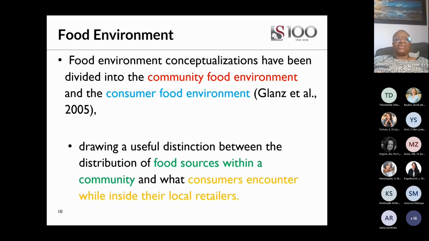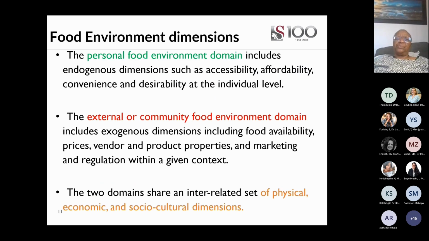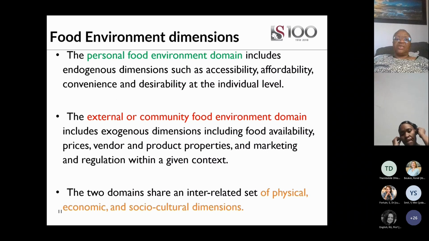The conceptualizations divide this environment into community and then the consumer environment. These two allow for drawing a distinction between the food sources within a community and what consumers encounter while inside their local retailers. The personal food environment includes affordability, convenience, and desirability, as well as access, the ability to access food.